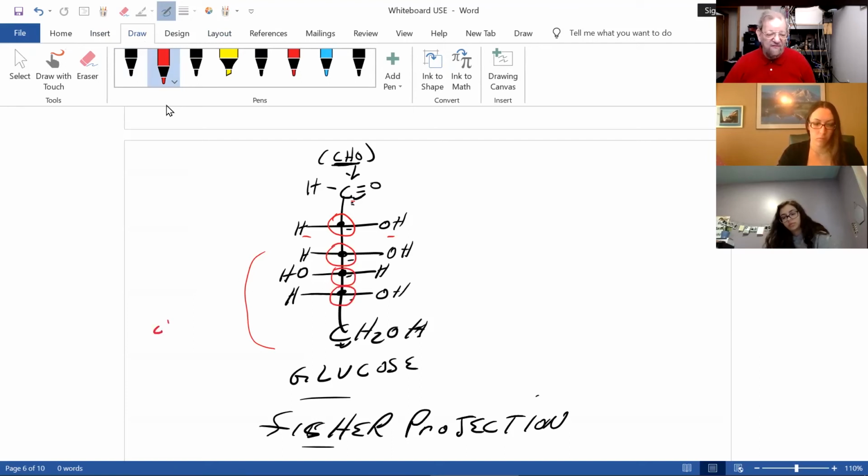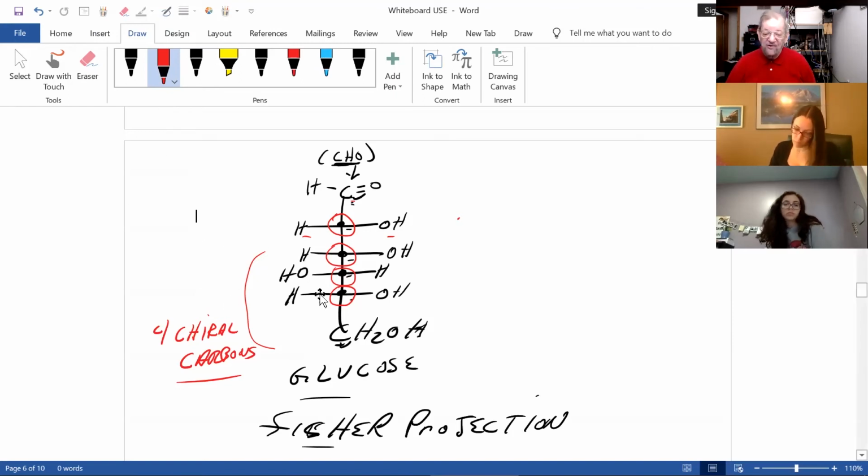Glucose has 4 chiral carbons. Now, something I won't ask on a test, but I'll come back to this because I haven't taught you what an isomer is. But if we look at glucose, it has not 1, not 2, not 3, but 4 chiral carbons. Isn't Mother Nature amazing?